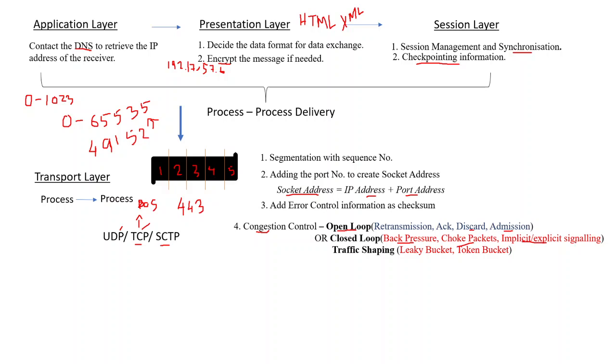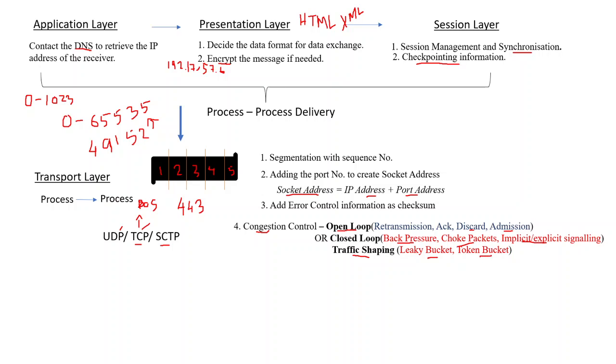And in explicit signaling, if it is a two-way communication, like the sender is sending a message and the receiver is providing a reply, so in that reply message there's a special bit that indicates that there is a congestion in the network, so please slow down. And then we have traffic shaping. Now traffic shaping is about maintaining a constant rate of traffic in the channel, so that is done using leaky bucket and token bucket mechanisms.